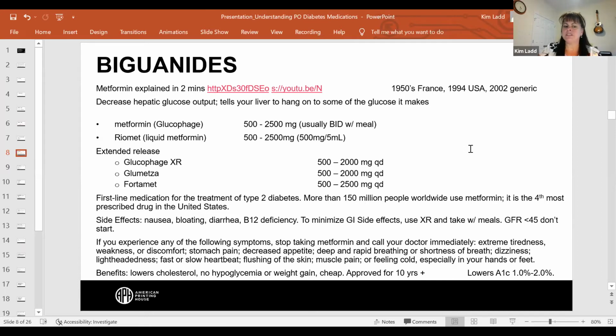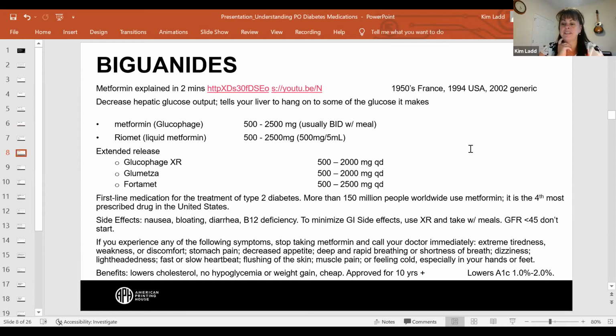I mostly see metformin or Glucophage XR in my practice. I haven't seen the other ones very often. Sometimes the Riomet will be for kids because metformin is approved for children 10 years and older with diabetes. Metformin is basically the first line medication given to anyone diagnosed with type 2 diabetes.